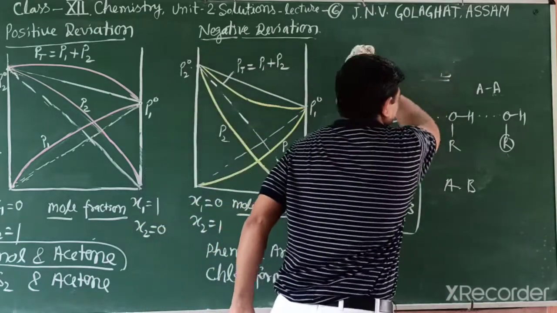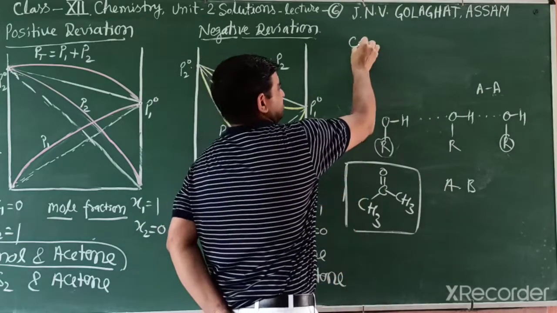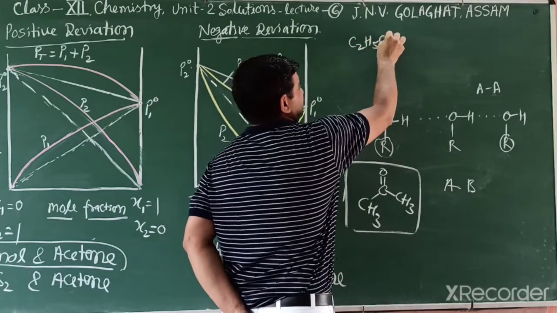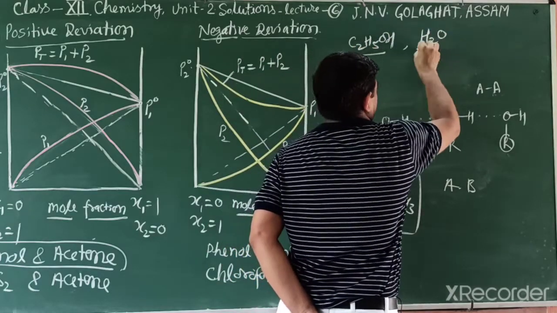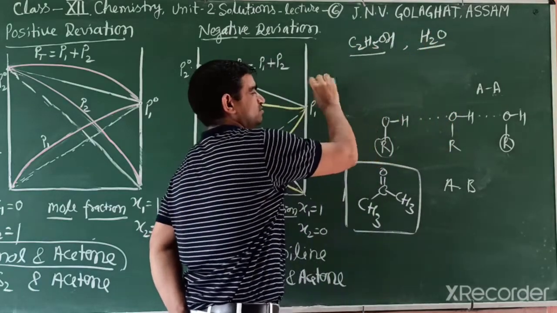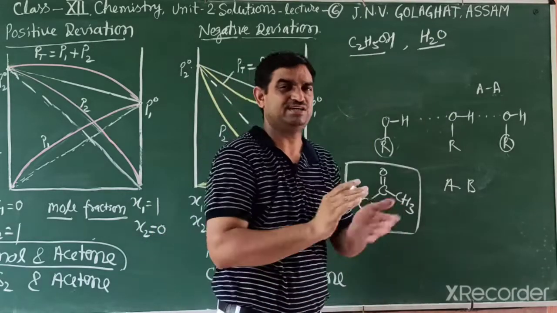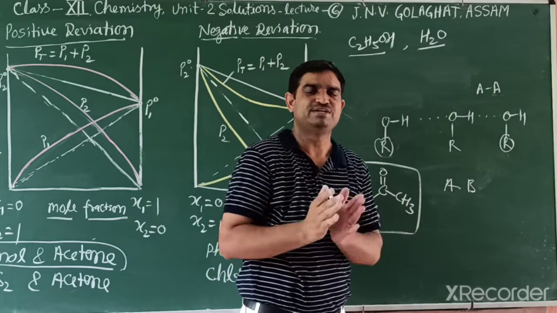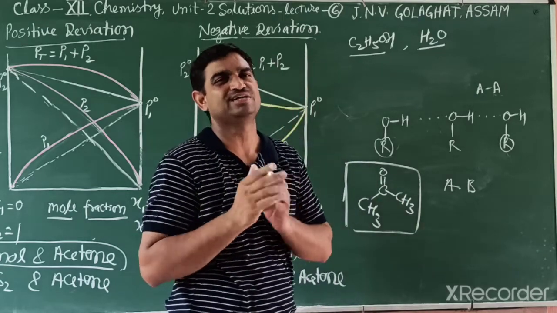We can explain ethanol and water in a similar way. If I mix ethanol with water, that also shows positive deviation. Why? Because ethanol has characteristic hydrogen bonding and water also has hydrogen bonding, but when we mix, a new bond forms, and that bond is slightly weaker.